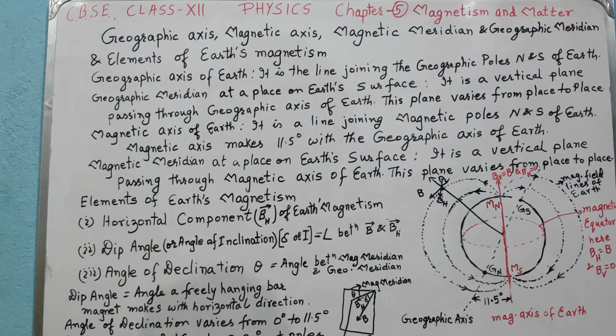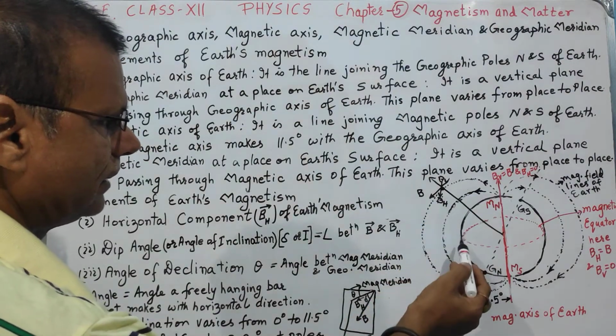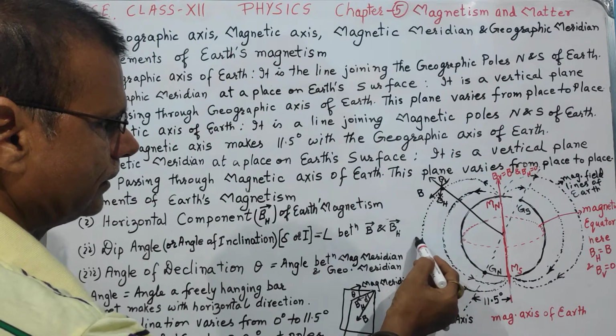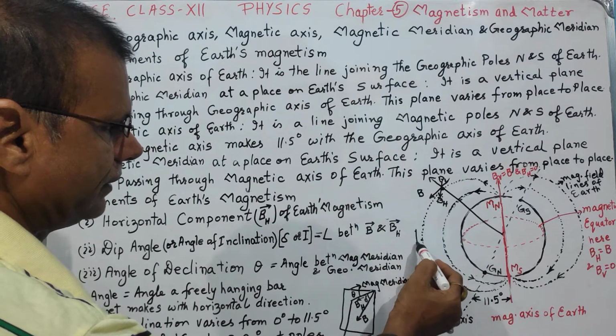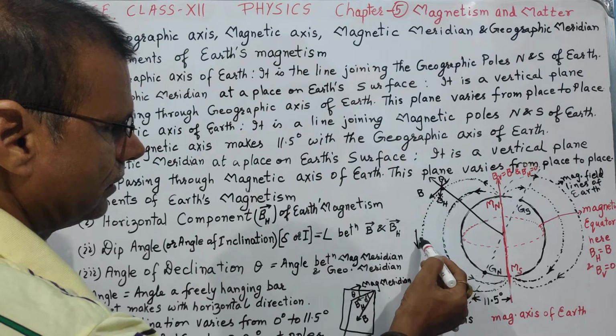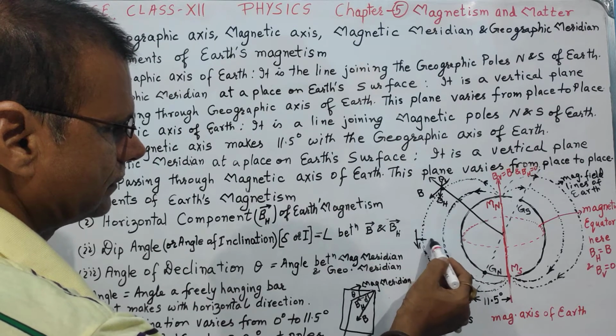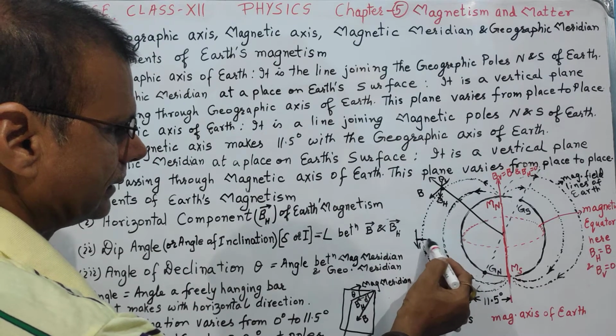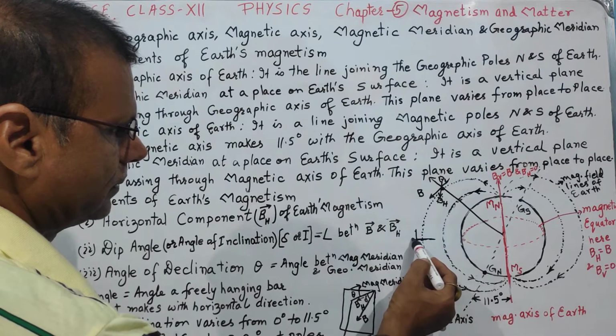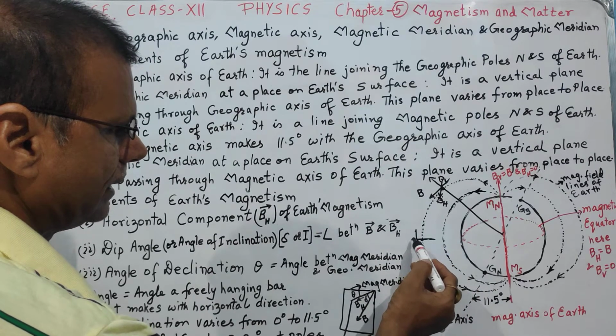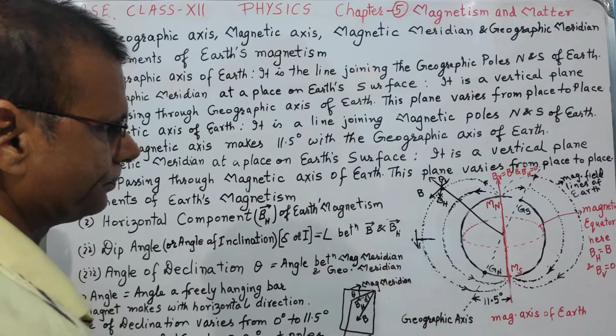So when we gradually move to the equator, you will see that the magnetic field is along the horizontal direction at that point, and therefore the vertical component of the magnetic field will be 0.